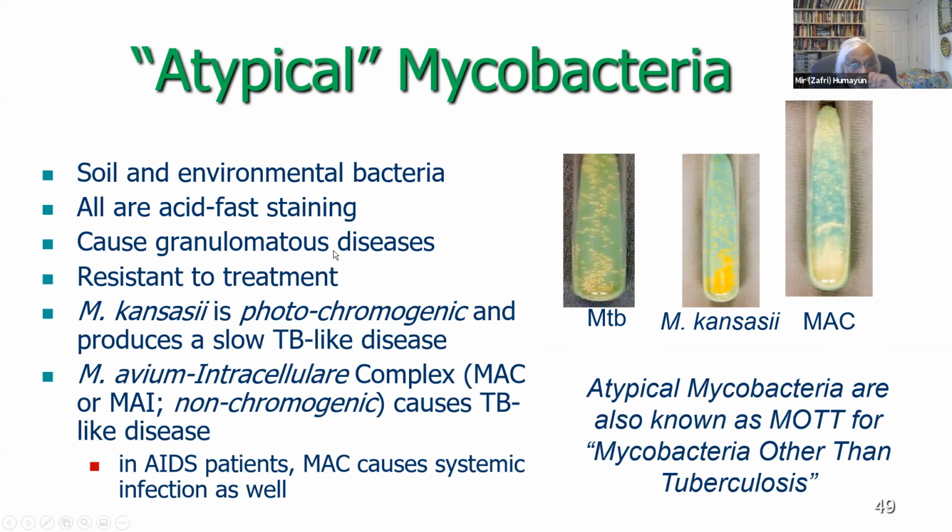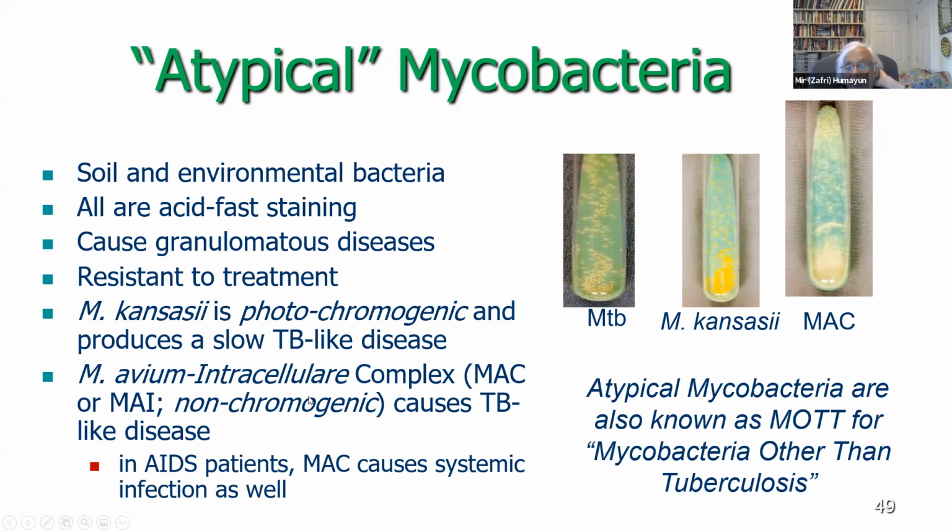All of them are resistant to treatment. And as I mentioned before, they are mostly an issue only for immune compromised individuals. Okay, two important atypical mycobacteria are Mycobacterium kansasii and Mycobacterium avium intracellulare complex.